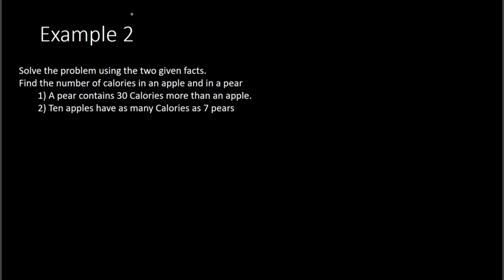Alright, so if you know the calories per fruit, whatever that amount is, if we multiply that by the number of fruit, that gives me a total. So total calories. So for example, if I had say 50 calories per fruit, and then 4 fruit is 50 times 4, or 200 total calories.